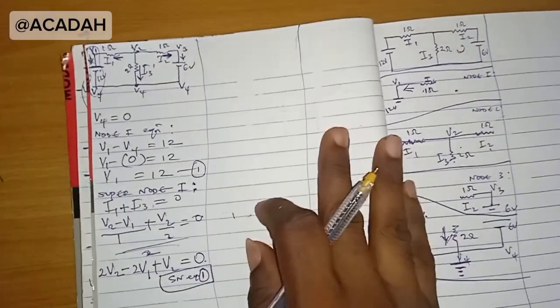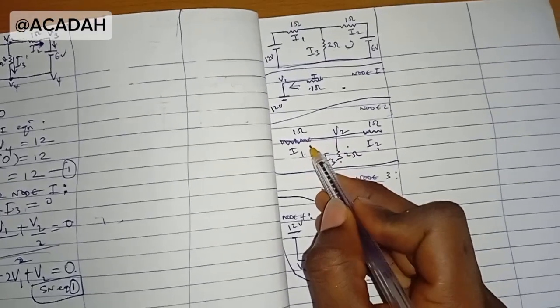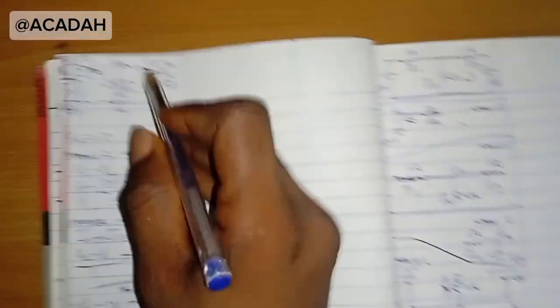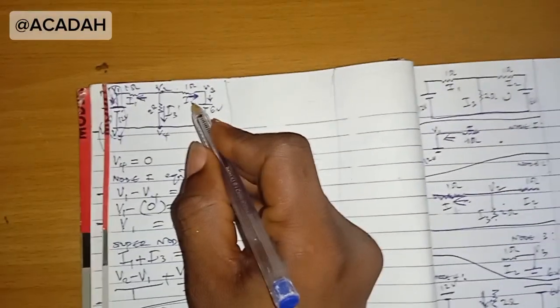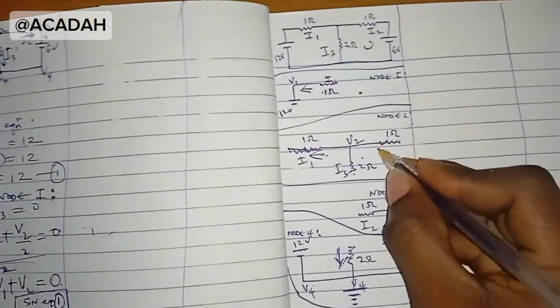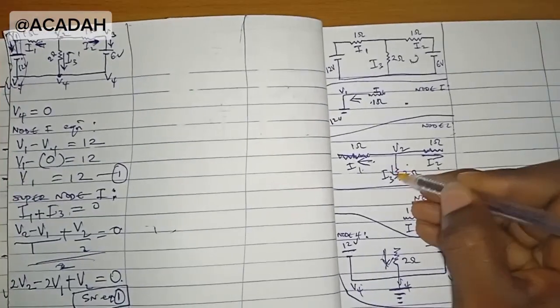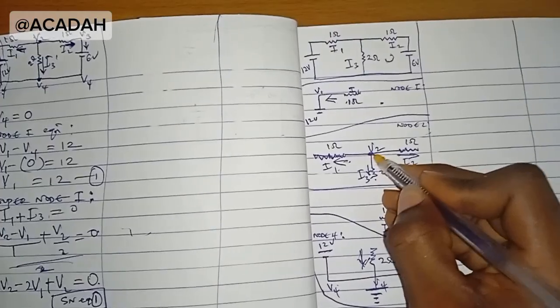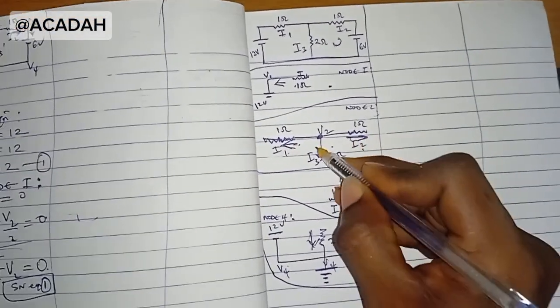So now go to node 2. What are the currents entering? Remember, I1 is leaving, I2 is leaving, and I3 is also leaving, because this is node 2. This one is going to node 1, this one is going to node 3, and this one is going to node 4.